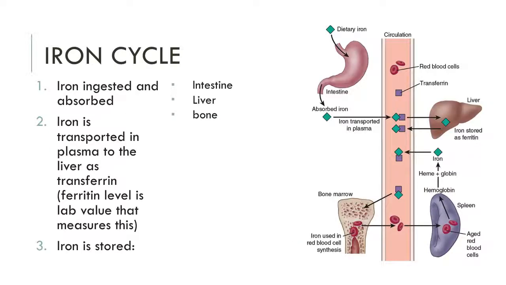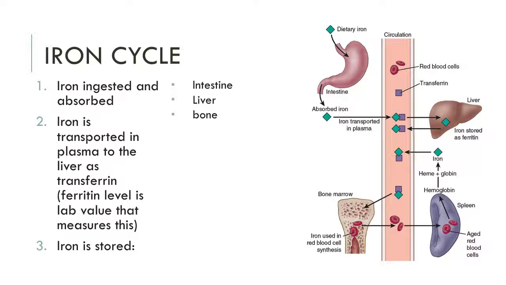We can't think about hemoglobin without thinking about iron. So basically, iron is ingested and it's absorbed into the blood system. The iron is transported in the plasma to the liver as transferrin, and we can check how much iron is in the body by checking a ferritin level.